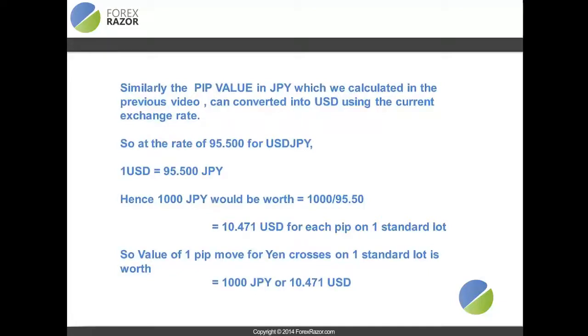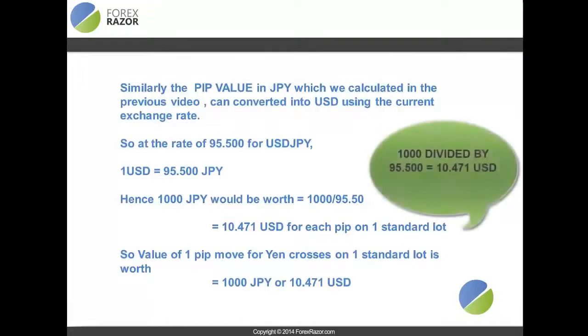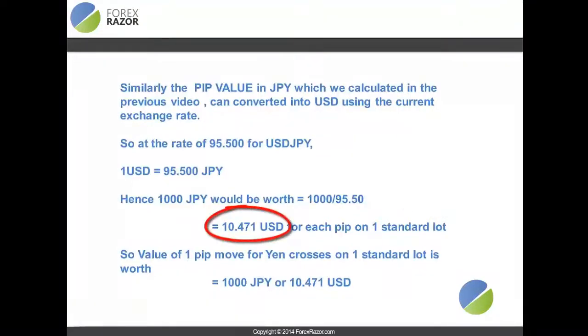Hence, 1000 Japanese yen would be worth 1000 over 95.50, which comes out to be 10.471 US dollars. So the value of 1 pip move for yen crosses on one standard lot is worth 1000 Japanese yen, which is worth 10.471 US dollars using the exchange rate of 95.500. This way you can convert the pip values from your code currency terms into your account-based currency terms.